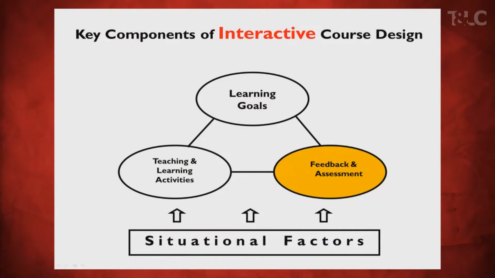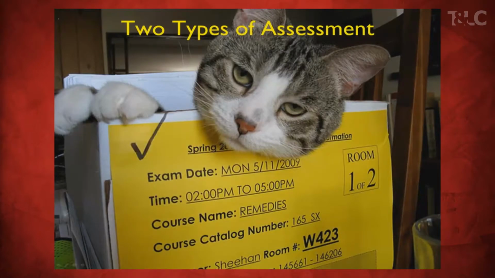Okay, well, let's go on to feedback and assessment. And we've talked about different types of assessment. There are 2 basic types, what are called formative and summative assessments. There's another book called Classroom Assessment Techniques, and that's where I'm getting the cats from.